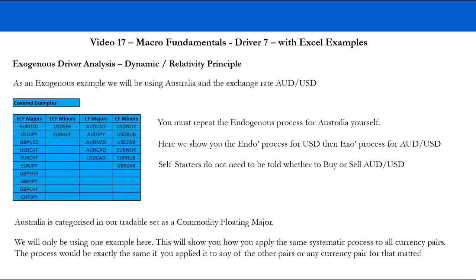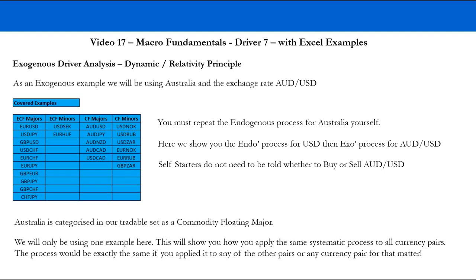You should be looking at this and applying the principles of the self-starter mentality that we've talked about in the past. So go out there, build your endogenous analysis, and then apply it to the overall process that we've been through. So you'll have a US dollar endogenous analysis, an Aussie dollar endogenous analysis, and then you'll have the exogenous analysis of the two taken together, which is what we're going to do now.